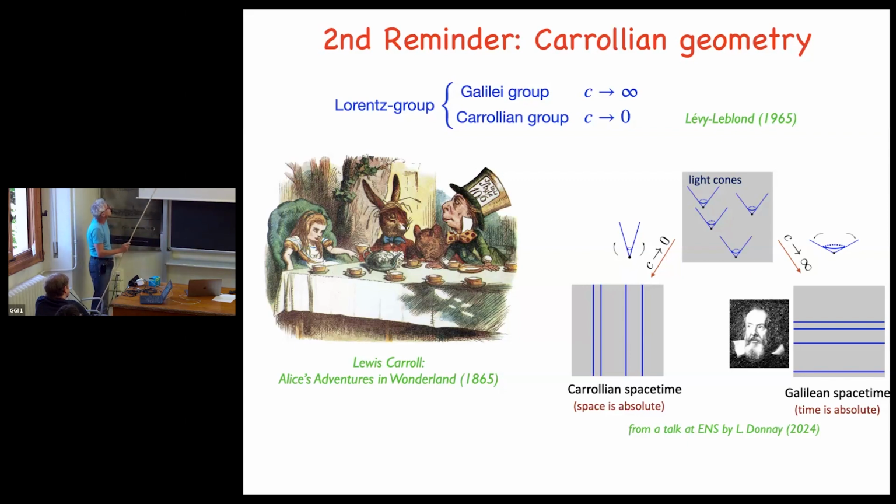It's called Carrollian because of the book Alice in Wonderland, which was written by Lewis Carroll, strangely just exactly 100 years earlier. There are strange things happening in this book, and I think this is the relation.